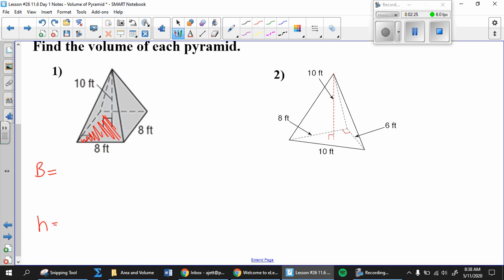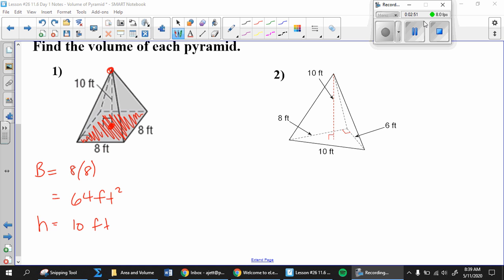It's a square. So pretty simple. Area of the base is simply just 8 times 8, so area of the base is 64 feet squared. Height is this distance, making this right angle from the base straight up to the vertex. So this 10 feet is going to be our height.